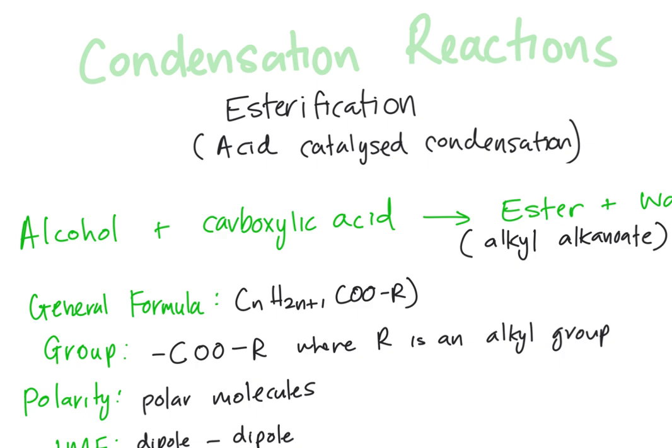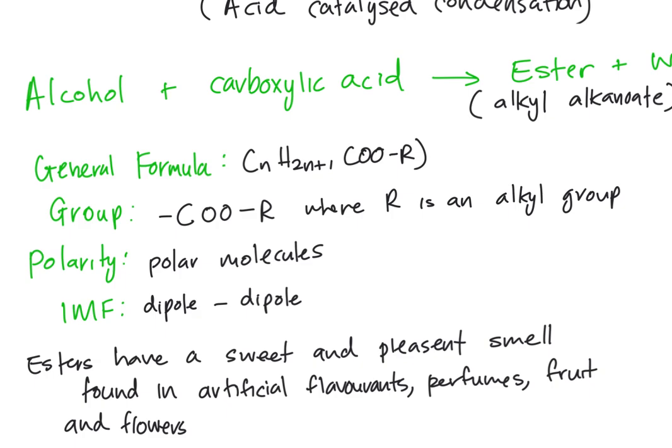Alright, the last type of reaction that we look at, and one of the most important reactions, is a condensation reaction or esterification. It's called an acid catalyzed condensation. You start off with an alcohol, a carboxylic acid, and what you make is an alkanoate, which is called an ester, and water. So your general formula for your ester is CnH2n+1COOR.